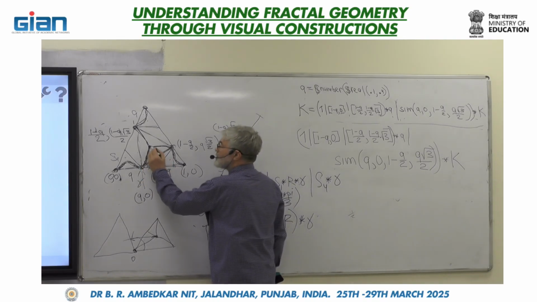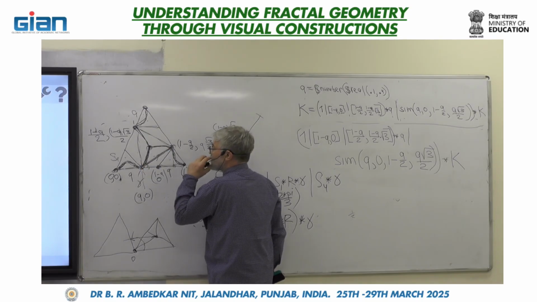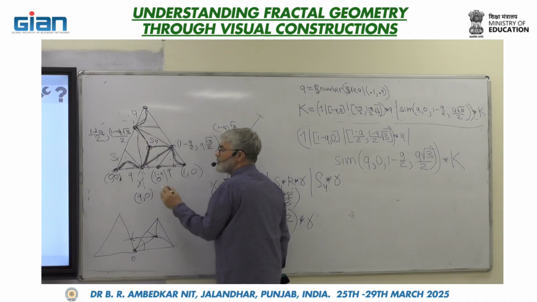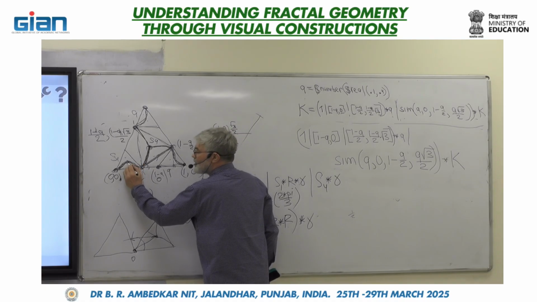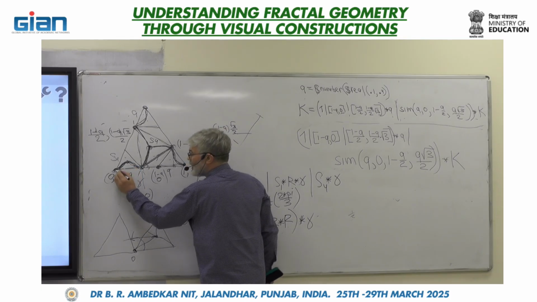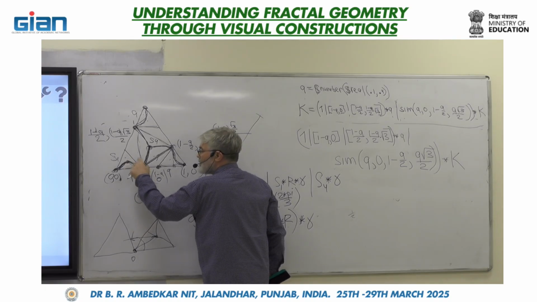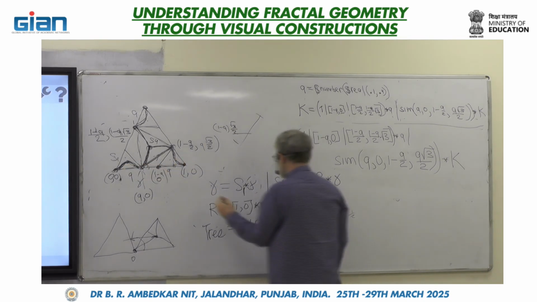And notice that this part of gamma is the image of gamma with respect to S4. And this part of gamma is the image of gamma with respect to S1 and with respect to S1 composed with rotation by 2 pi divided by 3.